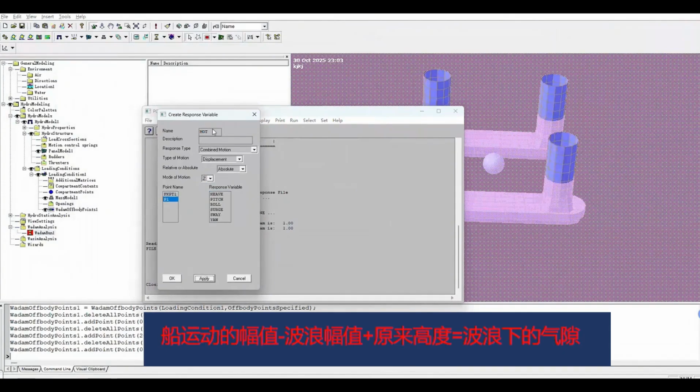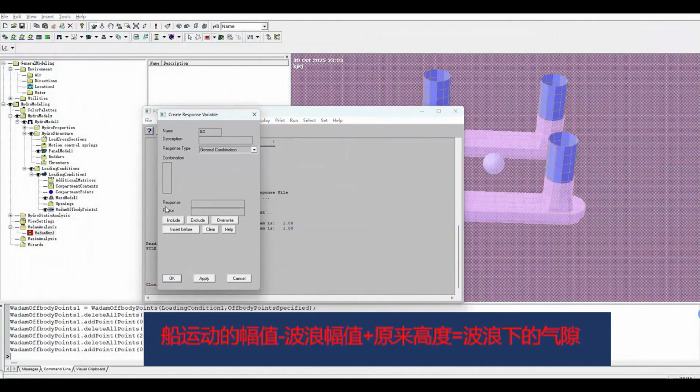After creating it, we need to create another one. The expression for this is AG. This AG just stands for air gap. Then change this here to the third one.